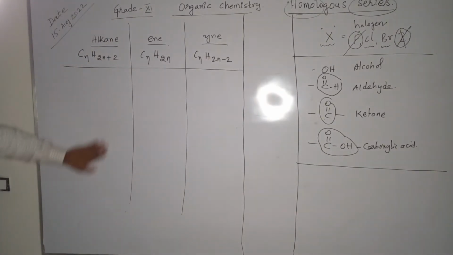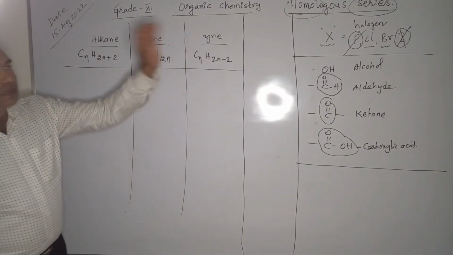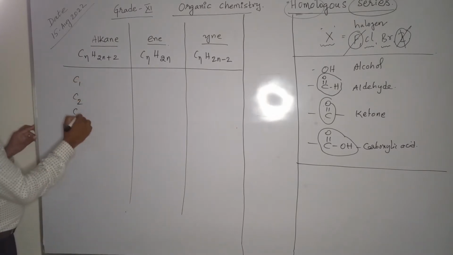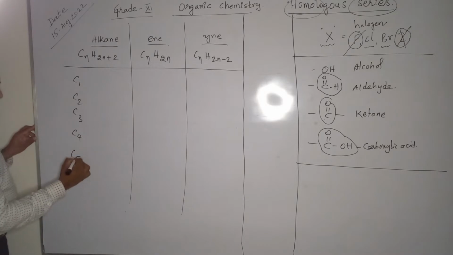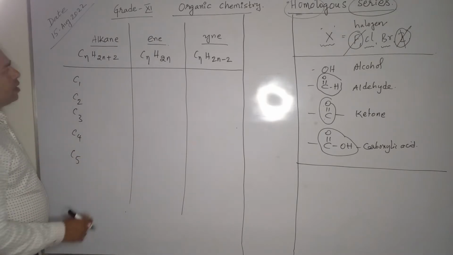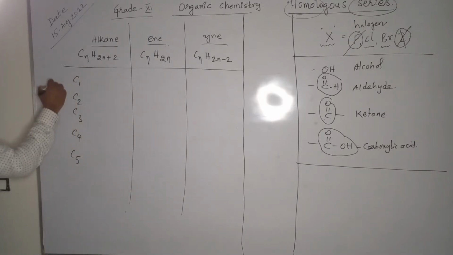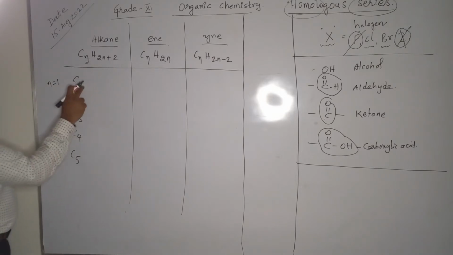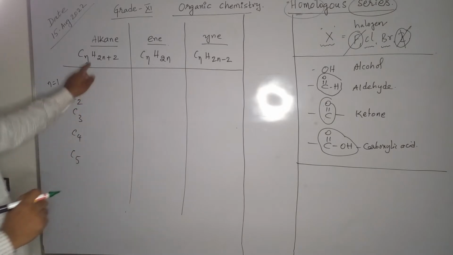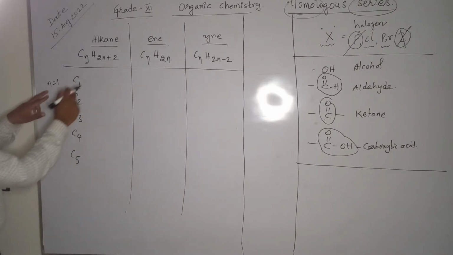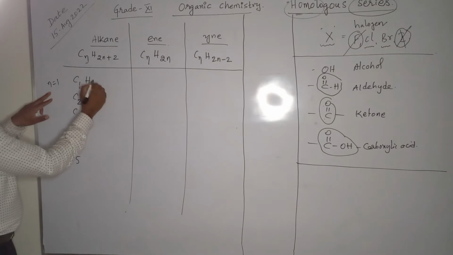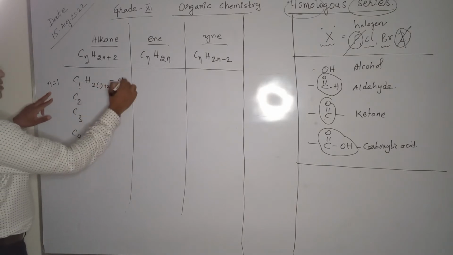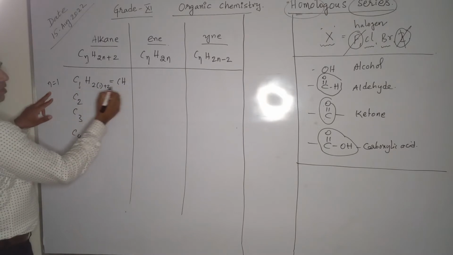Now what is the first rule? Write the series here. How to write? Carbon 1, 2, 3, 4 and 5. Now here what is the value of n? n is equal to 1. You can easily see, no? Cn, I have written C1. Substitute the hydrogens and write it as H 2 into 1 plus 2, nothing but CH 2 plus 2, 4.